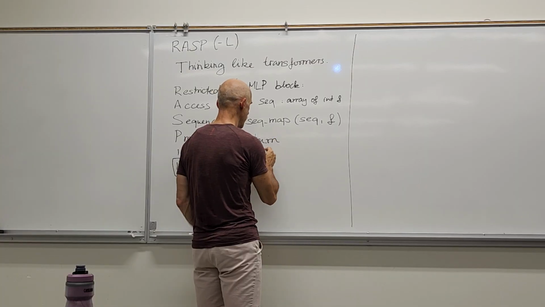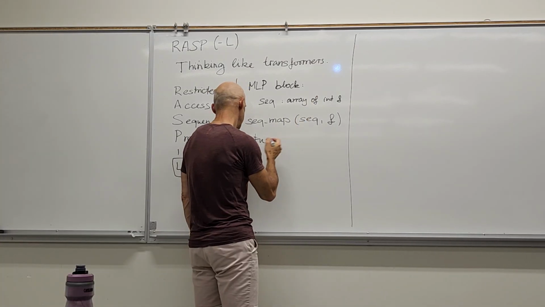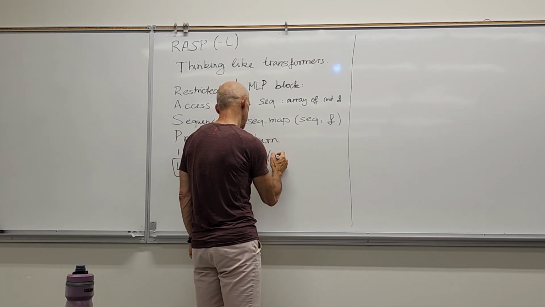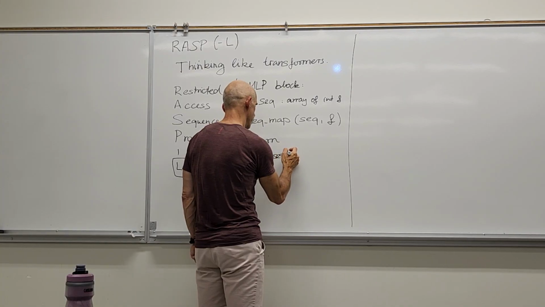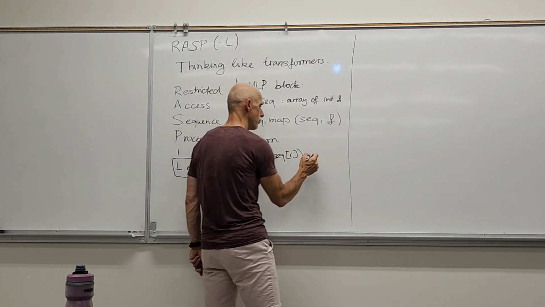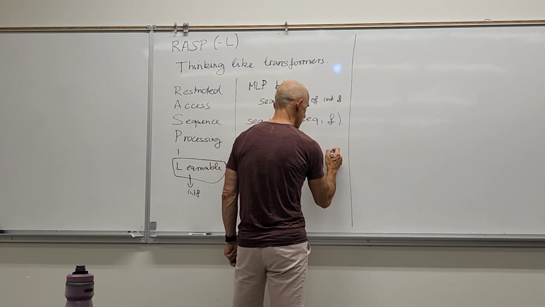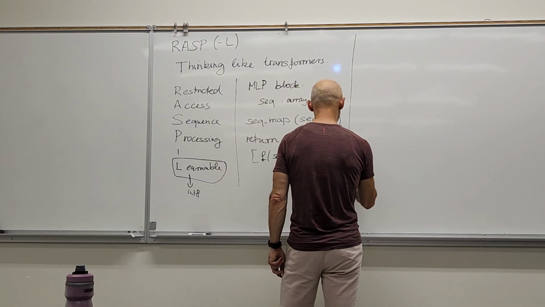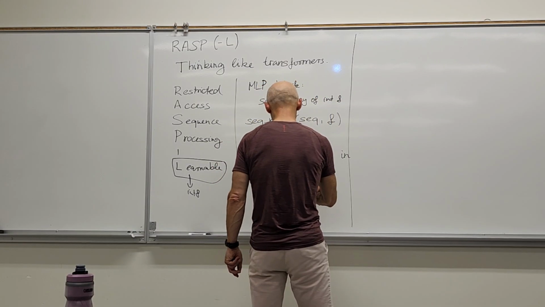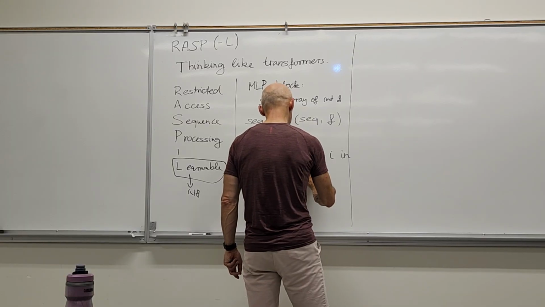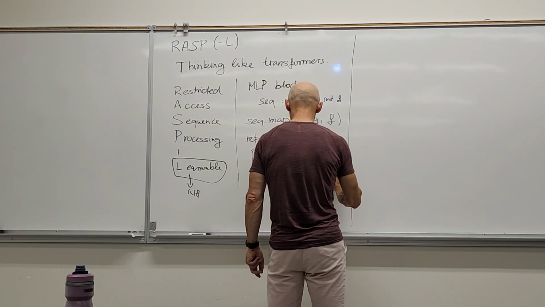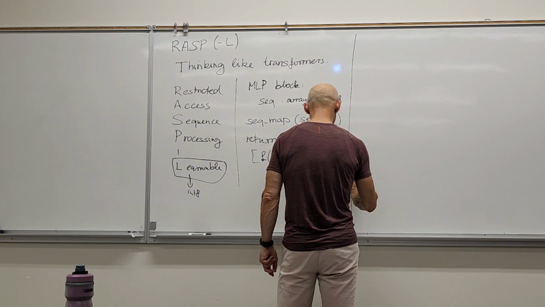If you want, you can write it as an inline Python thing, which is not how it is written, but why not? You take the ith element of the sequence, you apply f, and you do this for all positions in the range up to the length of the sequence.